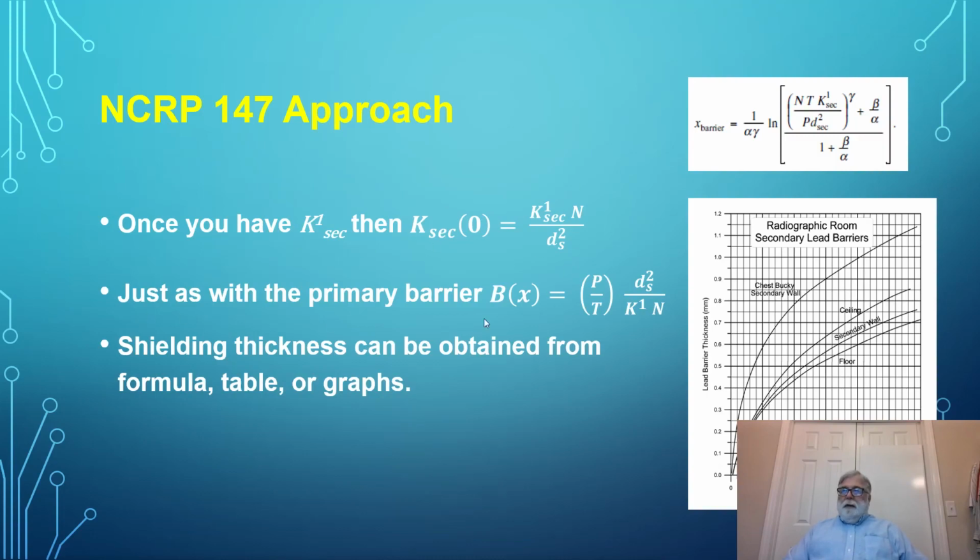We can put in a barrier factor, transmission factor, and set that all equal to P over T, and then we can invert that, find out what the barrier transmission factor is. Here's the formula that you get. You can calculate that. And then once you know what the required barrier factor is, you can do it the same way you did before.